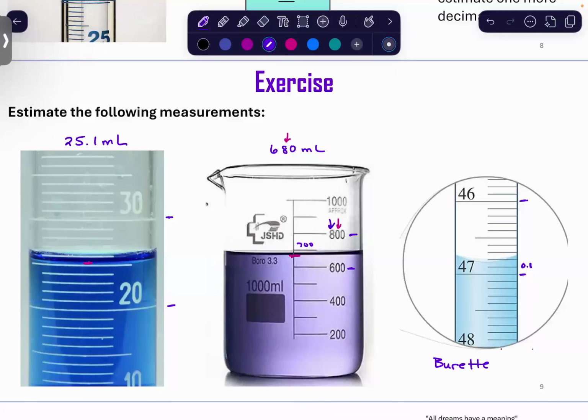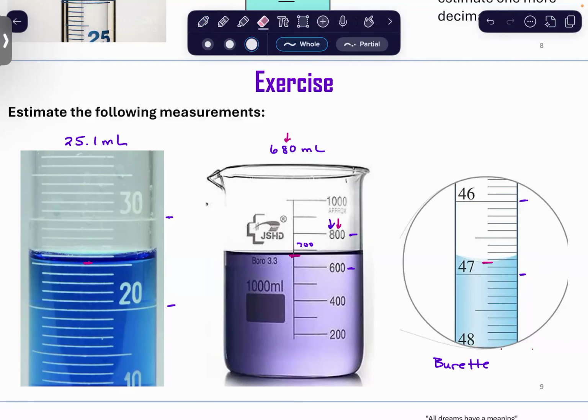Now, I notice that it's past the 47. I'm measuring right there at the bottom of the meniscus. I see that it passes 47.1, but it doesn't quite reach 47.2. Let's see. And I'm sorry, I'm going to reverse that. You're supposed to be reading burettes down. Okay. Sorry, don't want to confuse you.